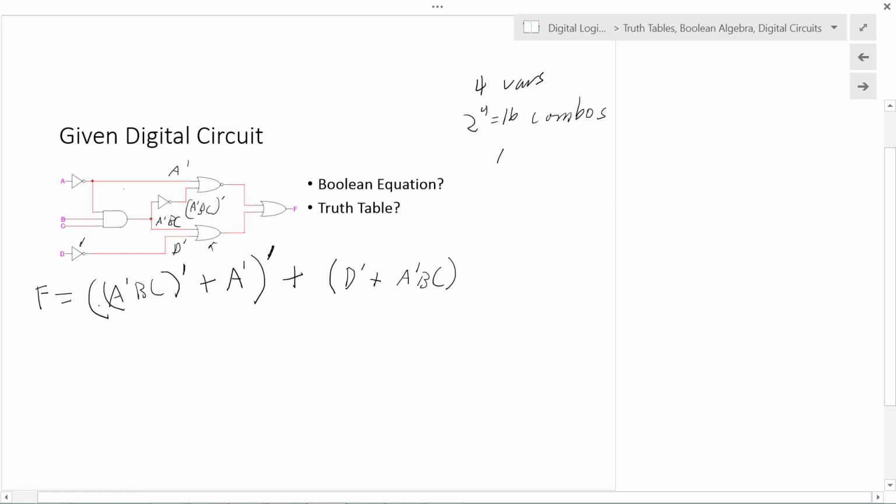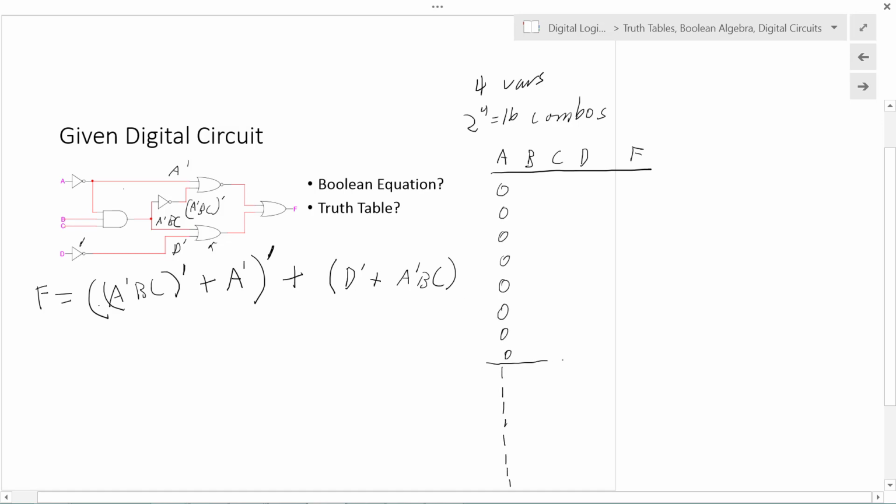Let's write them out. A, B, C, D, and output F.